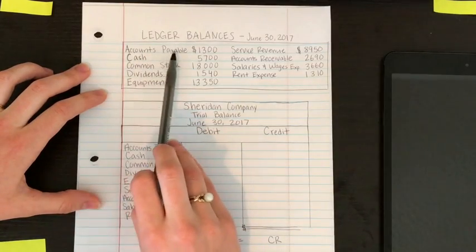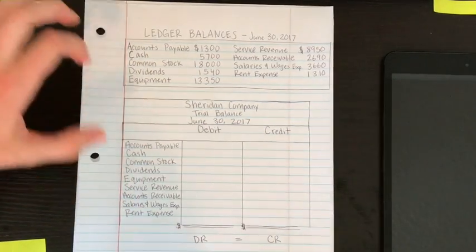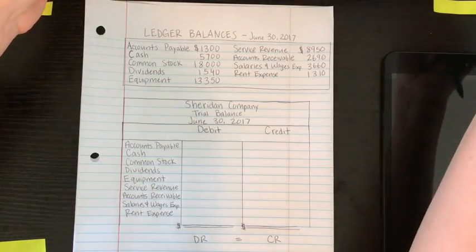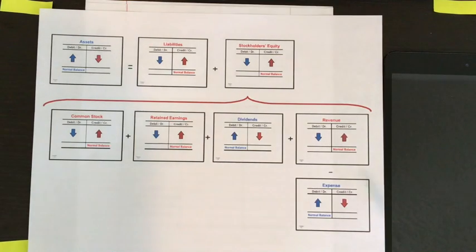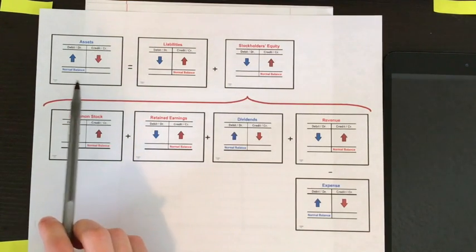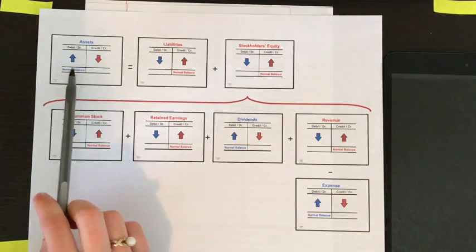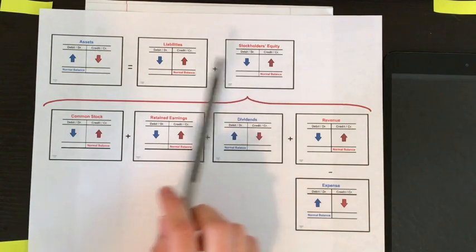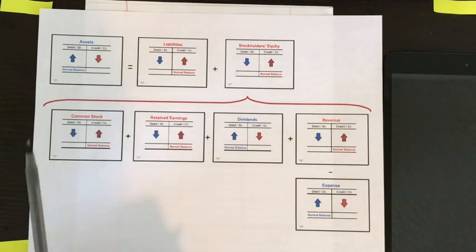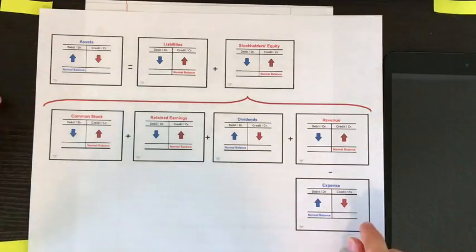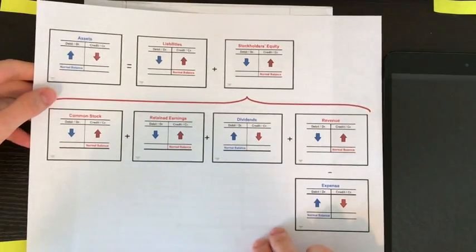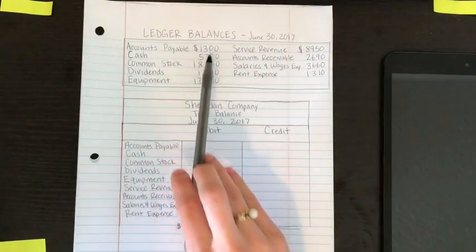We have accounts payable. Now we have this nice sheet. I actually took a screenshot and then printed it out from the lecture. It shows us each account and whether the debit or credit means an increase or a decrease. It also shows us which side will have the normal balance, and the ledger balances that were given are normal balances.